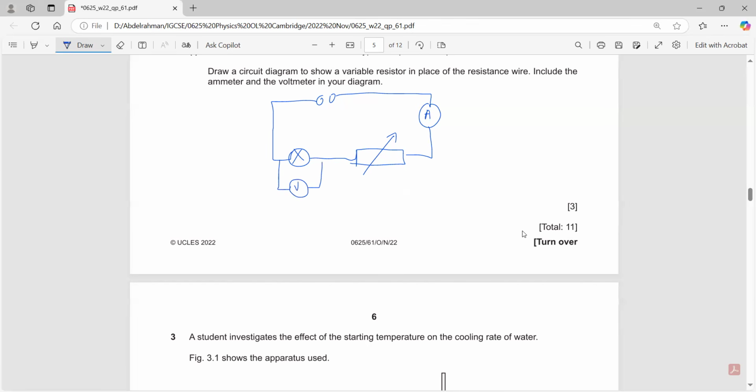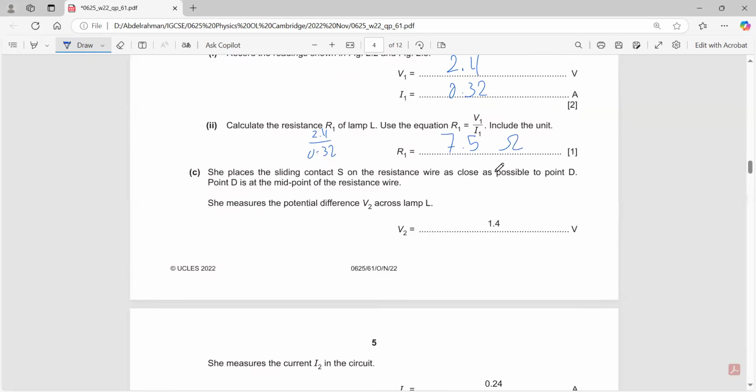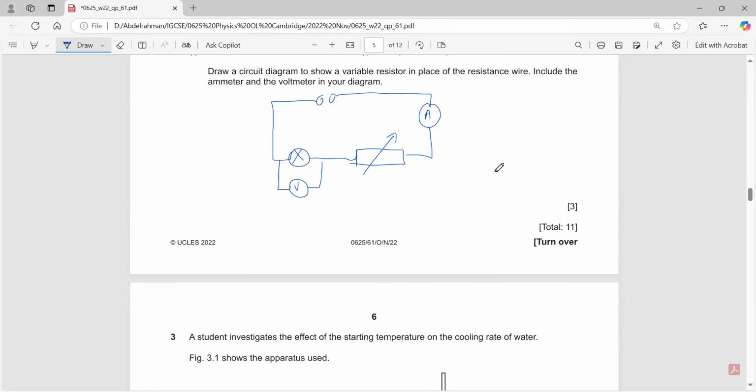I hope I haven't forgotten anything. A switch, let's draw the switch. And this is the switch. That's it. A very simple diagram, three extremely easy marks.